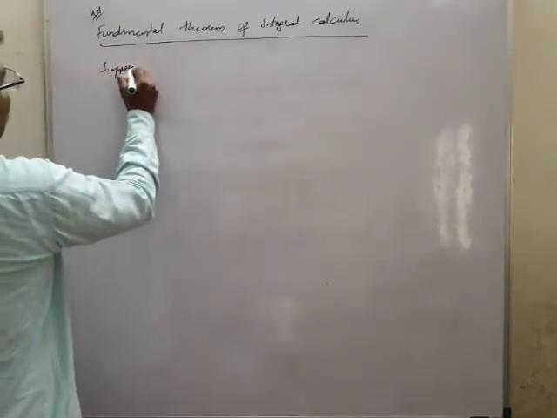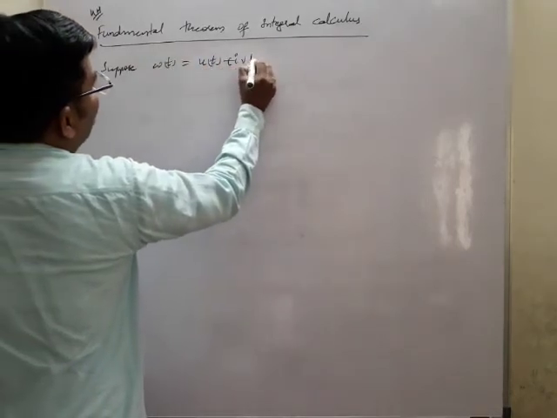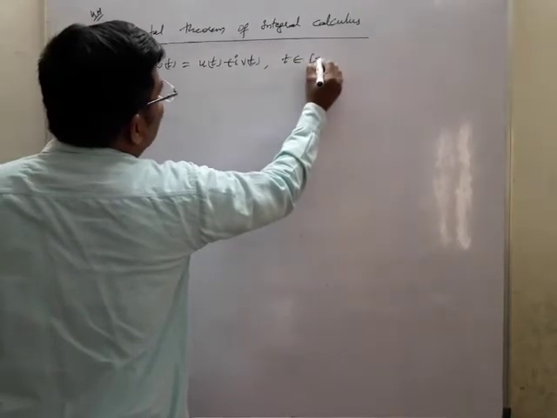Suppose w of t is equal to u of t plus i v of t, where t belongs to [a, b].